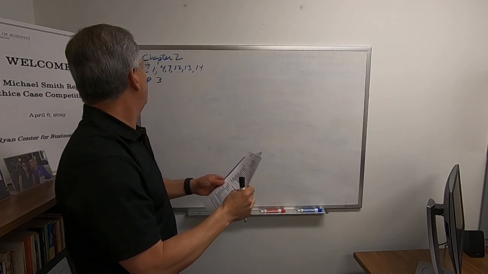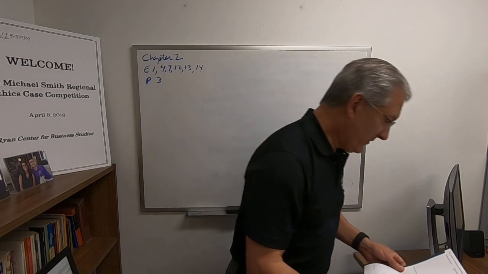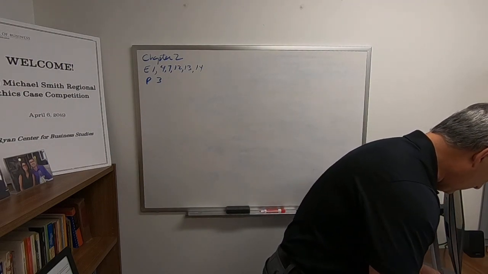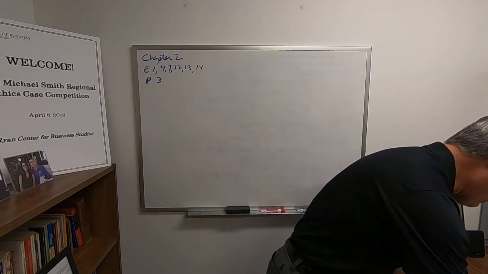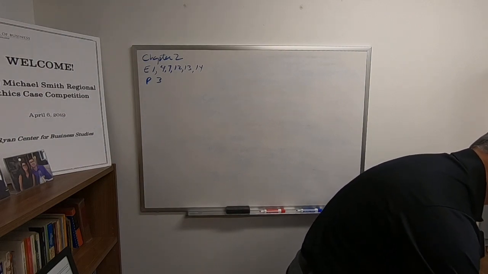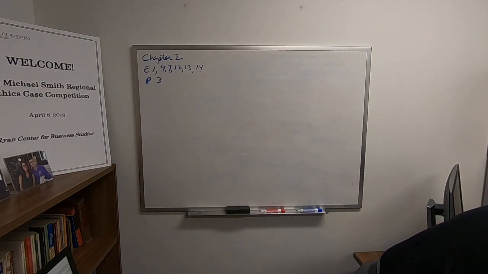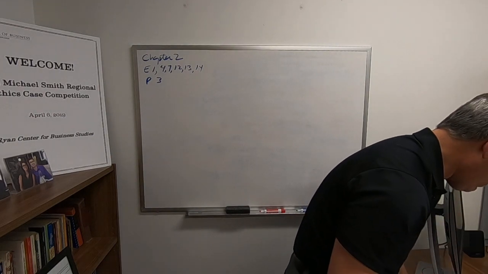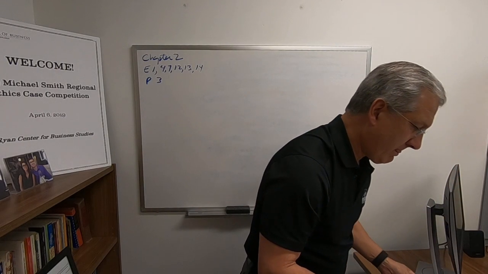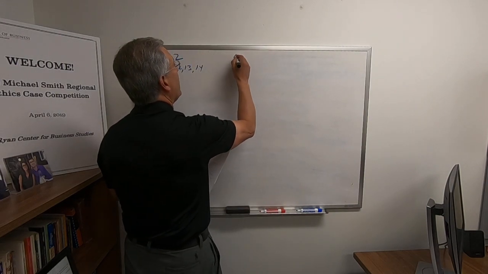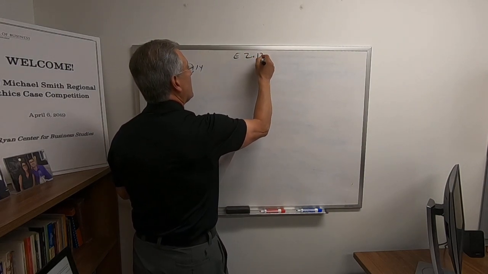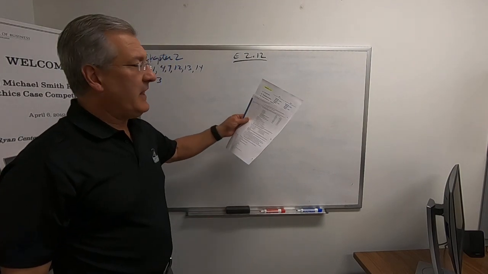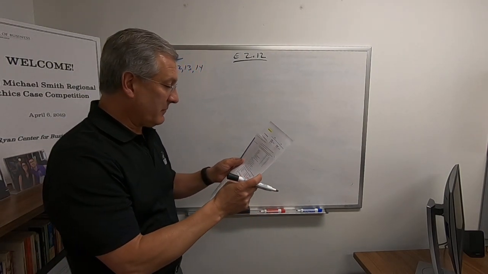That's 2-7. Let's move along to number 12. This is chapter 2, exercise number 12.